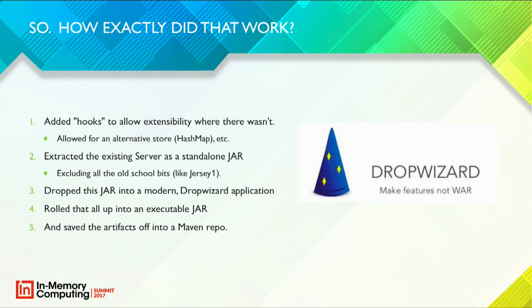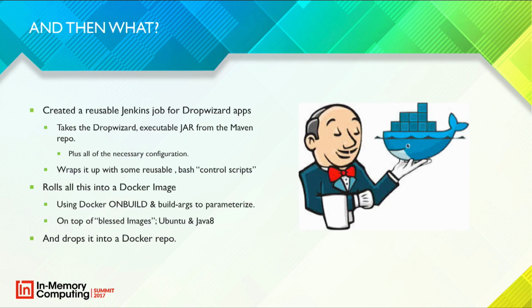We grabbed it out as a jar and dropped that into a more modern Dropwizard project, and Dropwizard always works as executable jars. Took those artifacts, pushed them up into Maven, and then I built a reusable Jenkins job that allows you to wrap Dropwizard apps, because they all work basically the same way.